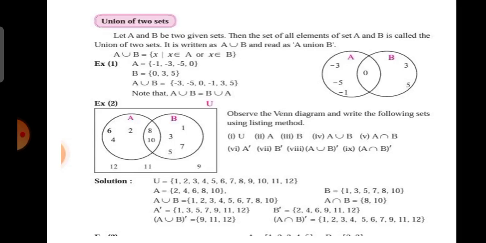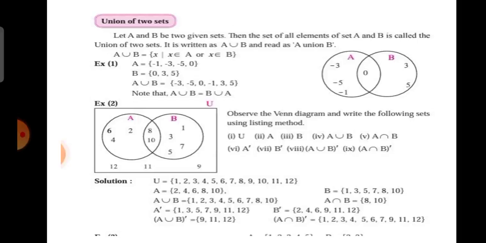Then next is union of two sets. Now what is union of two sets? Suppose A is a set of elements -1, -3, -5 and 0. B is a set of elements 0, 3, 5. So A union B will be equal to all the elements from set A and B. Only the common element you are going to write down once.